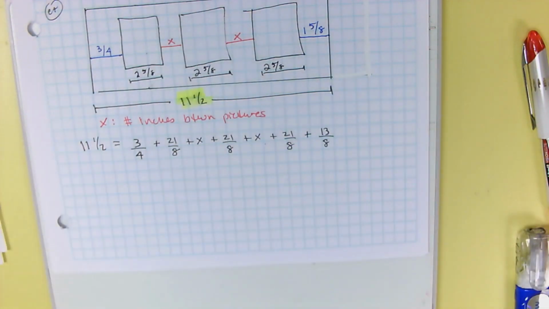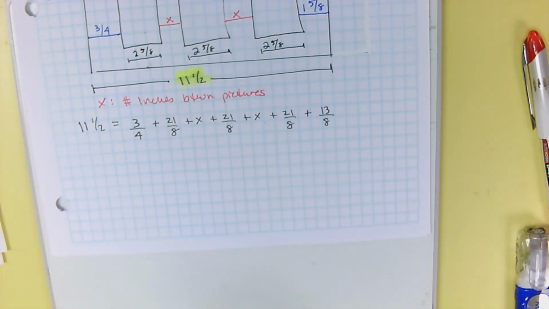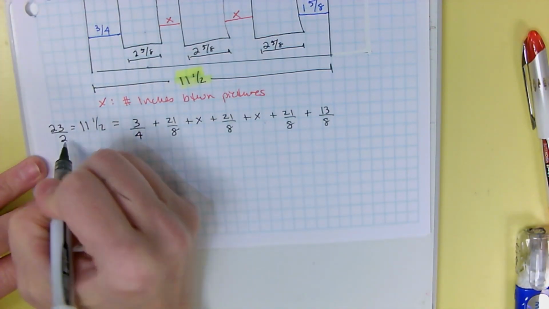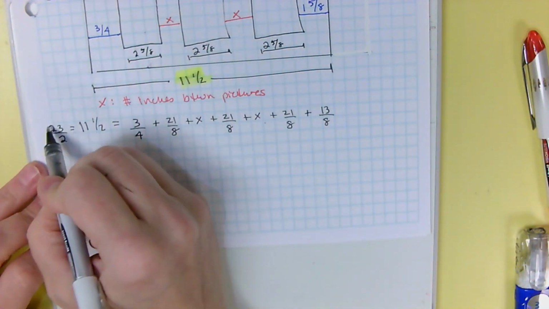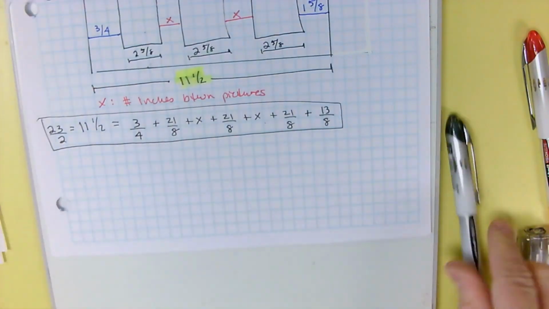So all I did was convert them to improper fractions because we need that. Oh, I should have converted the 11.5. That would be 23/2. All right, that is your equation.